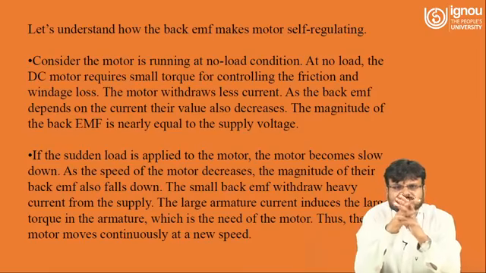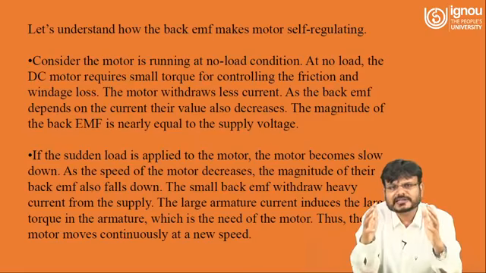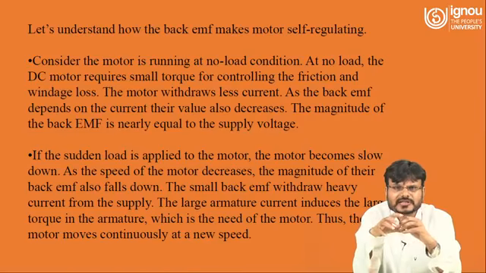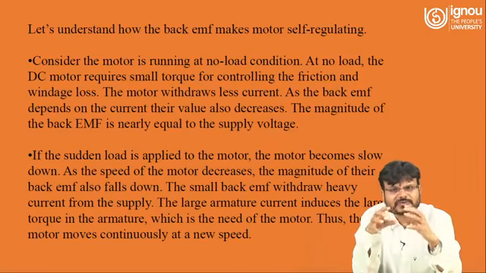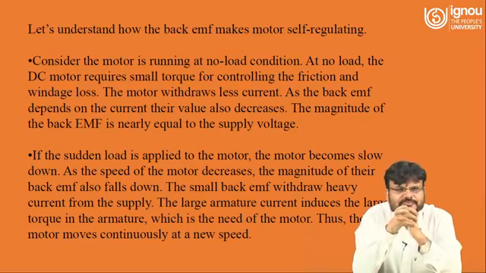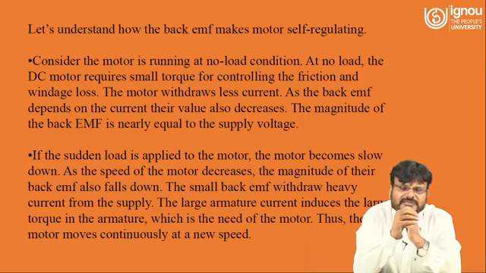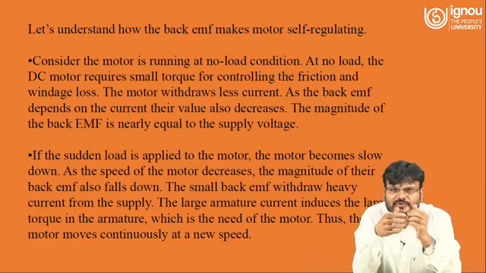Now the second condition we have to understand. The second condition is when a sudden load is applied to the motor. Suppose you are using some elevator or lift. You must have observed that the lift has a capacity of 5 passengers. Sometimes 8 or 9 people go inside, and then the lift doesn't move.